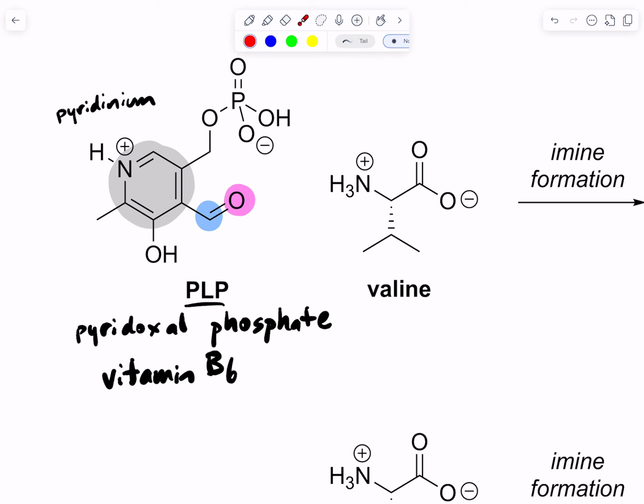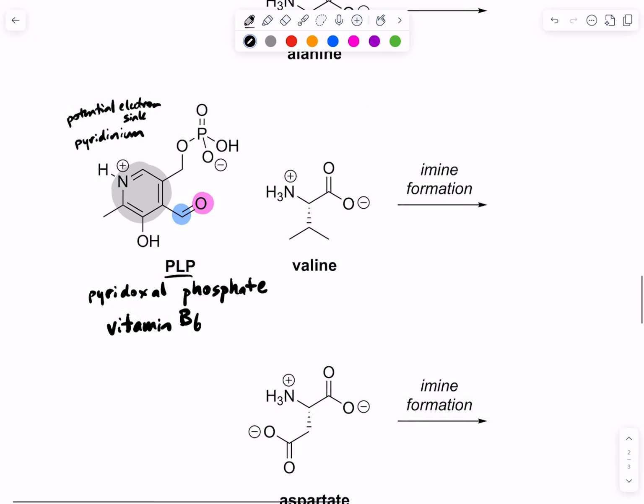And in a way, you will see later on today, not right now, that this ring is important. It's an important place that electrons can go. It's a potential, what is sometimes called electron sink, meaning a place that can stabilize electrons. For right now, though, focus on the aldehyde.